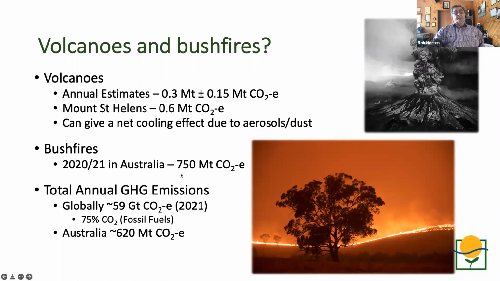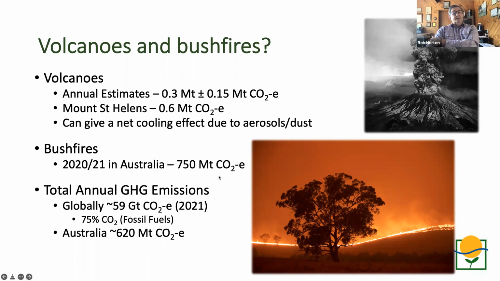So in fact, the 2021 bushfires emitted more carbon than we would normally emit in a year. And that carbon in the bushfires doesn't go into our carbon accounting system.